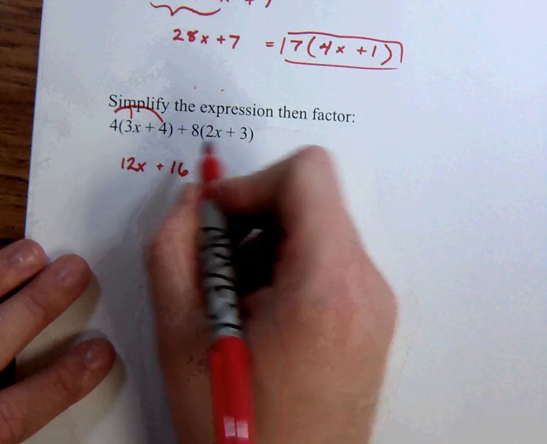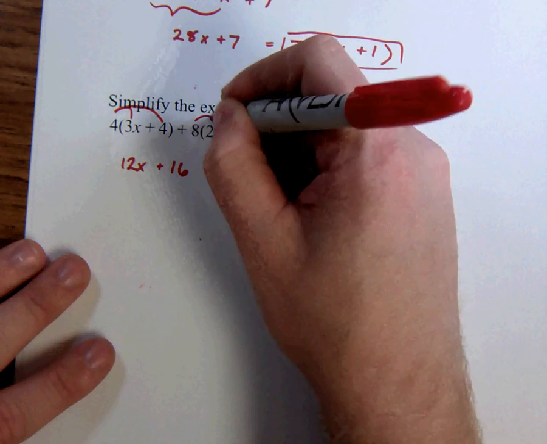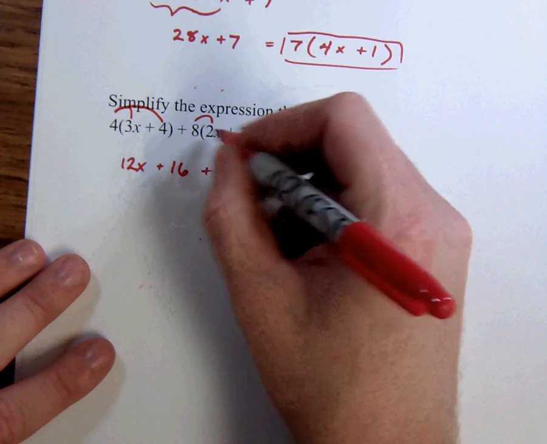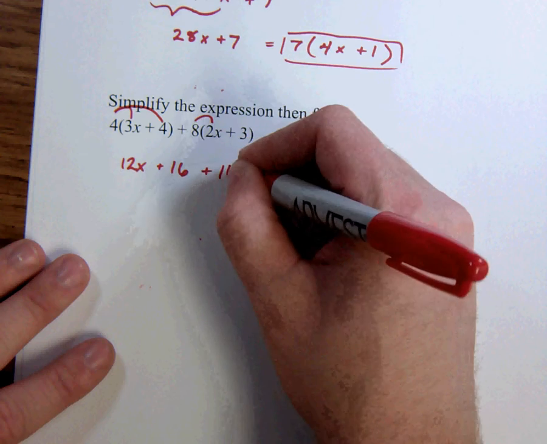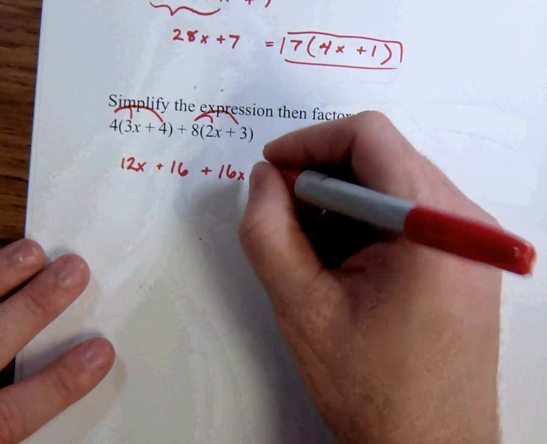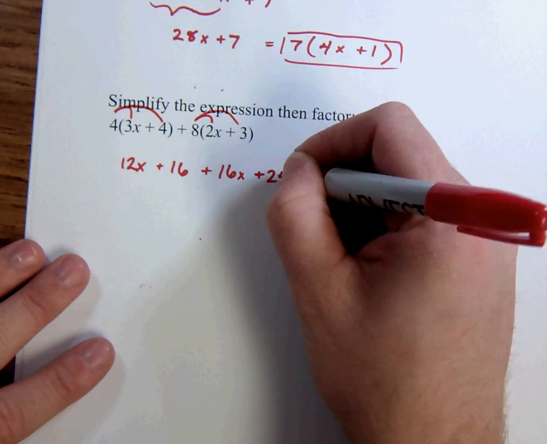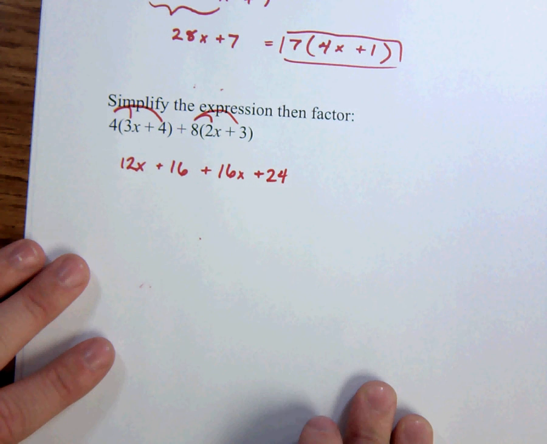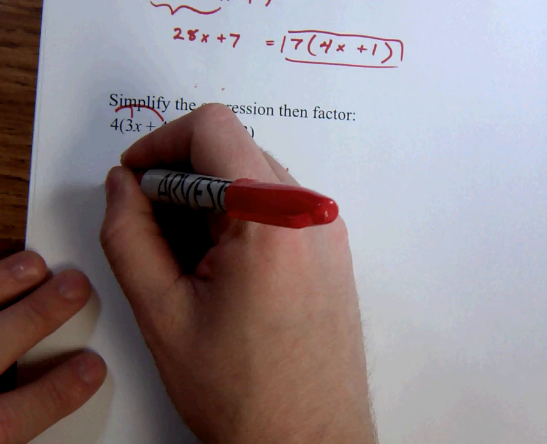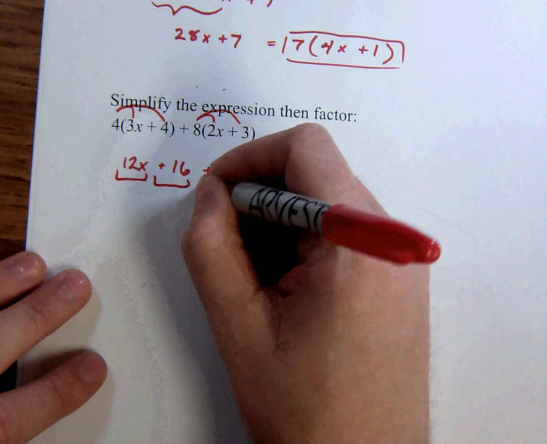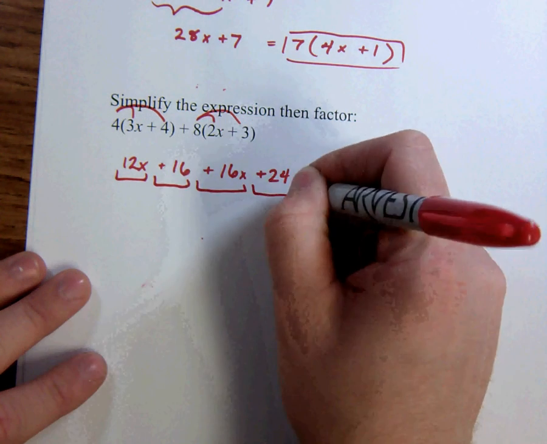And this is all expanded, so I'm going to work with this one now. 8 times 2x, which is 16x. And then 8 times 3, plus 24. All right, combine like terms, so I have a term here, I have a term here, here, and here.